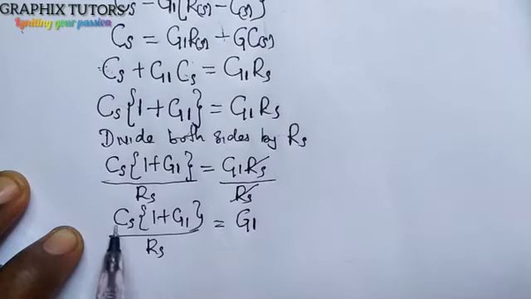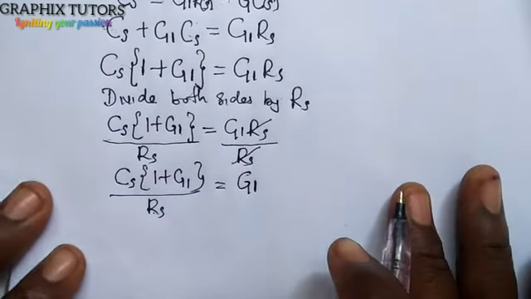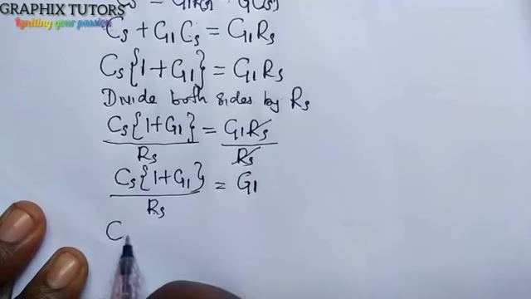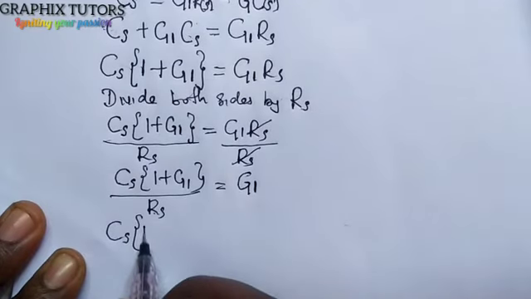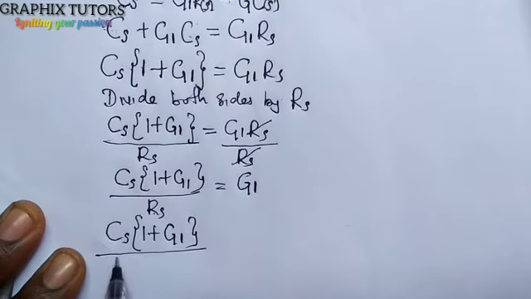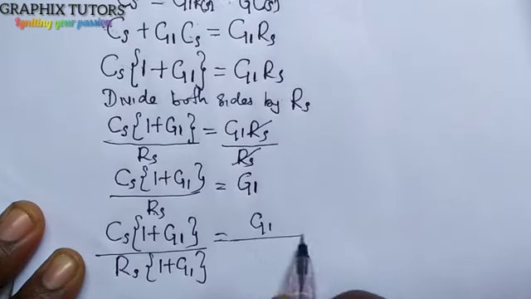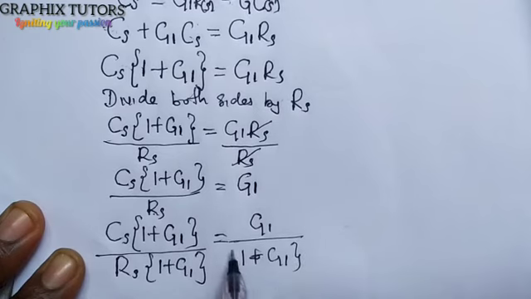Now the keyword is we want CS and RS to be alone, so we are going to divide both sides by what? 1 plus G1. So this will now give us CS into bracket 1 plus G1 all over RS into bracket 1 plus G1, because we're dividing both sides by 1 plus G1, equals G1 all over 1 plus G1, right?